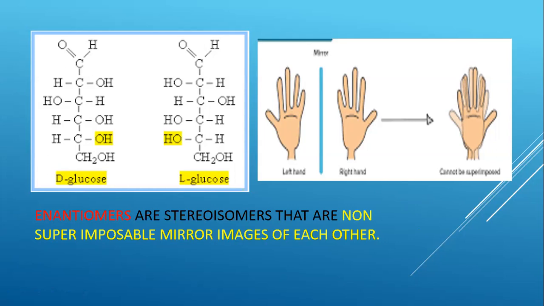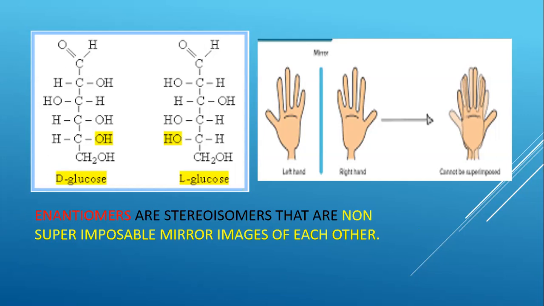What do we mean by non-superimposable? I drew my hands here to show you. My left hand and my right hand are exactly the same. They are mirror images of each other. But if I try to put my right hand on top of my left hand, one thumb will be on this side and the other thumb on the other side.